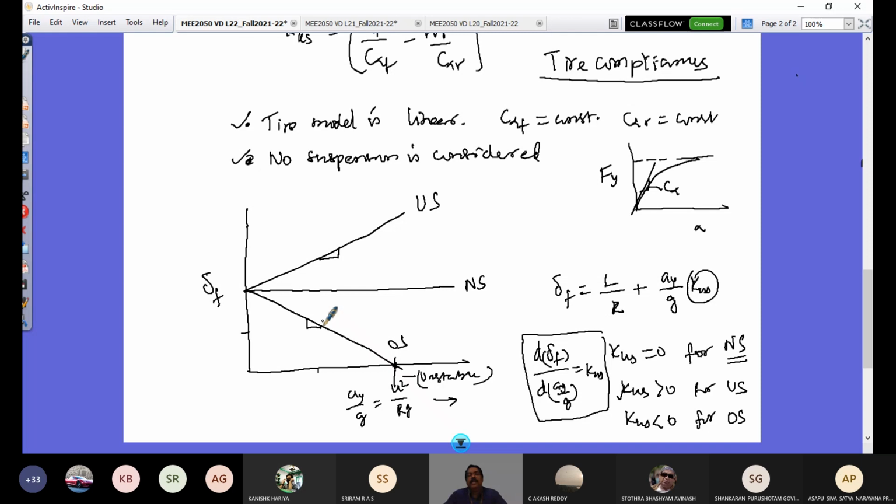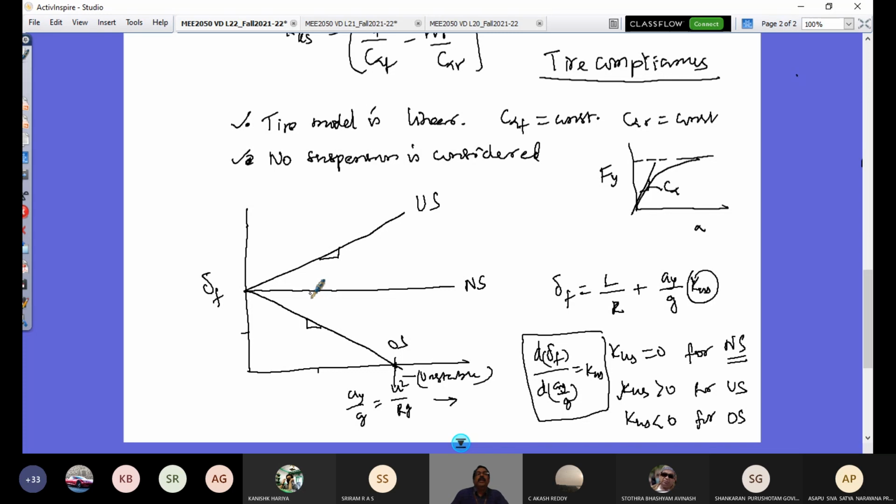But in reality, in a practical situation, does the vehicle behave in this fashion? That's a question mark. A vehicle which is originally designed for an understeer tendency can go into an oversteered tendency because of the operating condition of your vehicle, because of non-linearity of tire behavior, and because of suspension that has to be accounted for in your vehicle model.